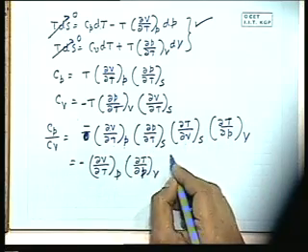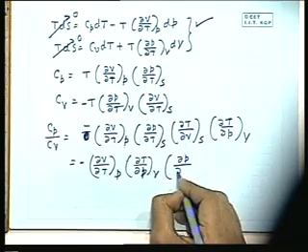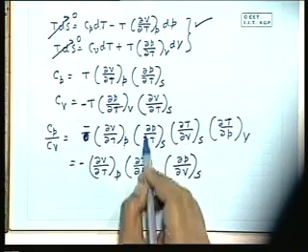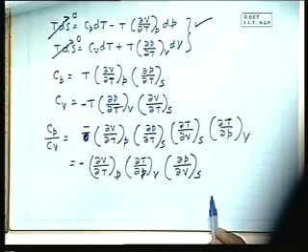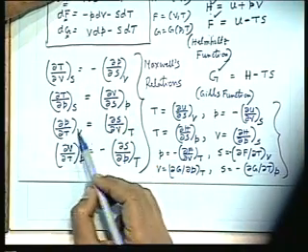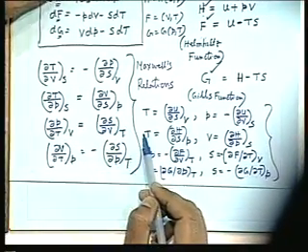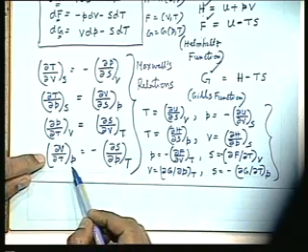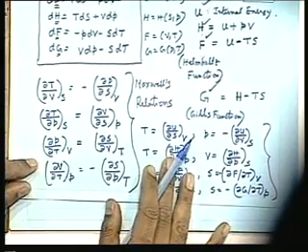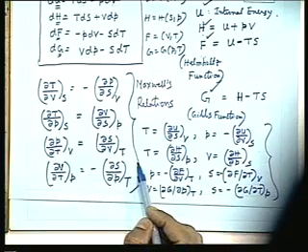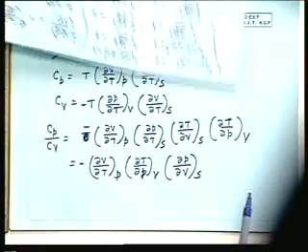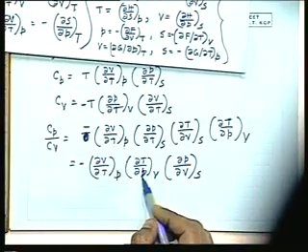Sorry, these two together, del P del V S. Now first of all, we have to find out del P del V S. Where from do you get del P del V S? Just a minute. We have to find out del P del V S. Del T del P V.